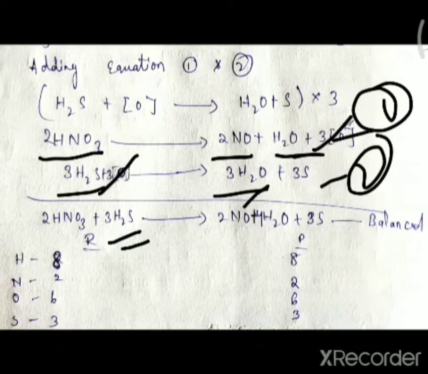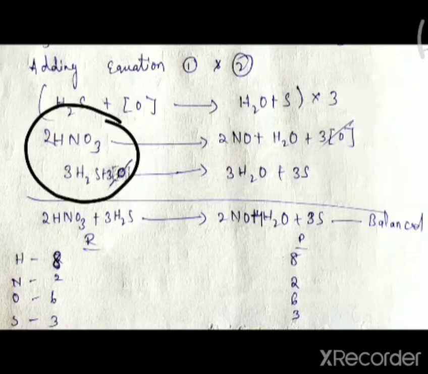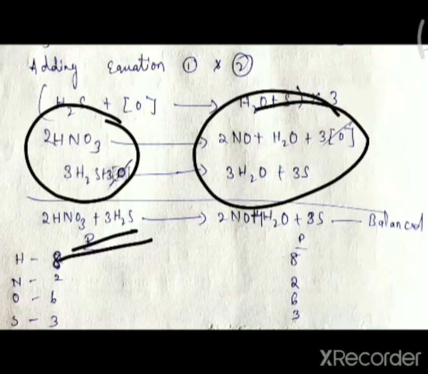So 3H2O plus another 1 H2O, so we'll get 4H2O, then 3 sulfur. After cancelling, whatever is left you will write. Whatever is left in the reactant side, you will write in the reactant side. Whatever is left in the product side, you will write in the product side.